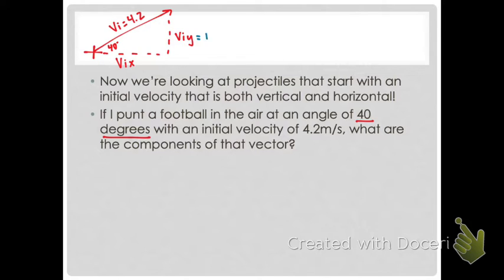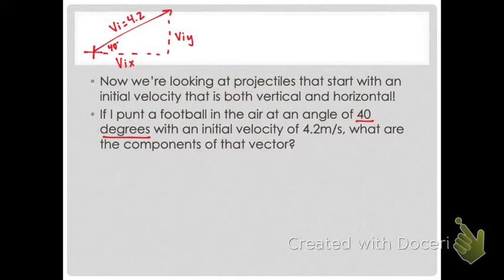But if this number was 1.4, we would not say that this object reaches a height of 1.4 meters, right? That is not the case. It has nothing to do with how high that object is going. It is simply the vertical component of my initial velocity. Does that kind of make sense to everybody? Because sometimes we get caught into these triangles and we see like, oh, that's it, right? But it's not, okay? So let's go ahead and solve now for the components of our vector.